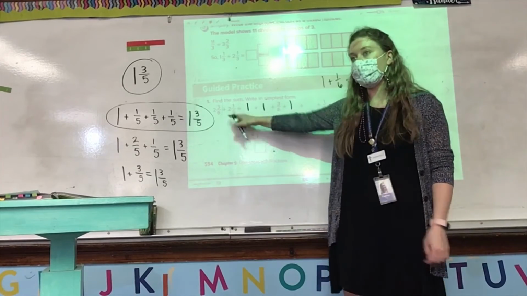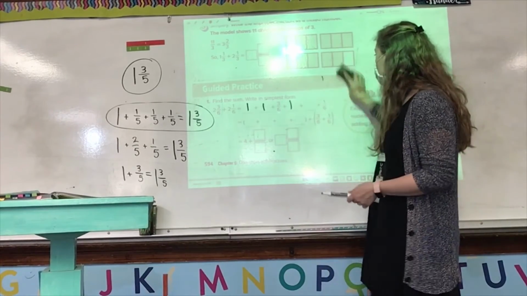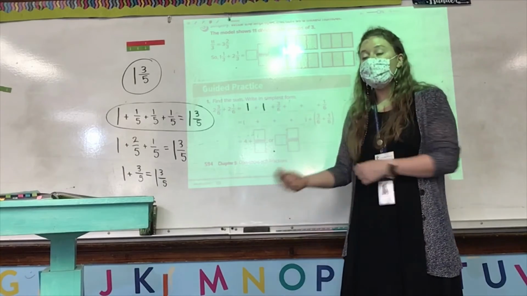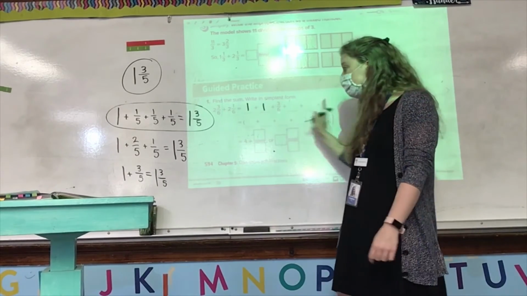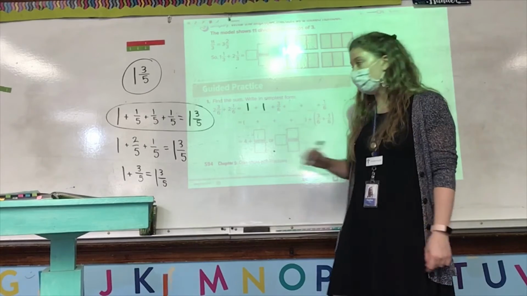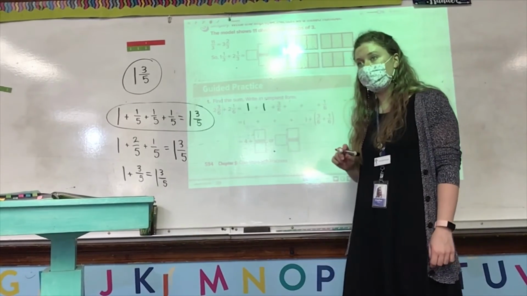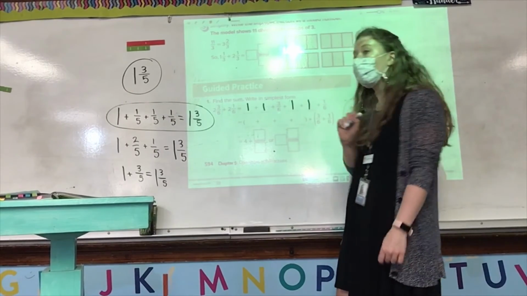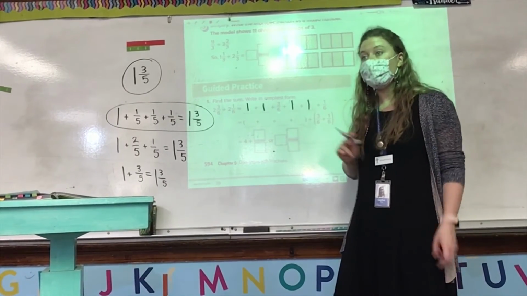Is that this number? Mason, how many wholes are in 2 wholes? 2. So how many 1s do we need to put in our equation to show 2? 2. 1 plus 1. You've got to think.